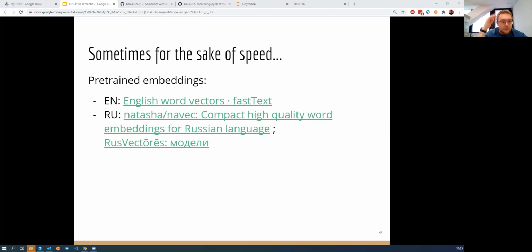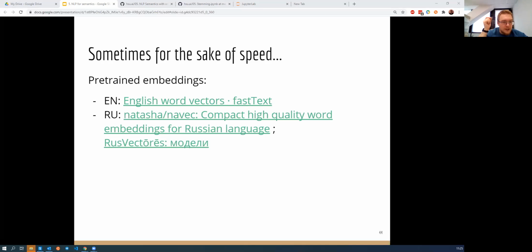So 500 values, 4 bytes per value, is 2 kilobytes for the row. 2 kilobytes for 100,000 words is what? 200 megabytes of data. So you need only 200 megabytes of your hard drive, not even a gigabyte.